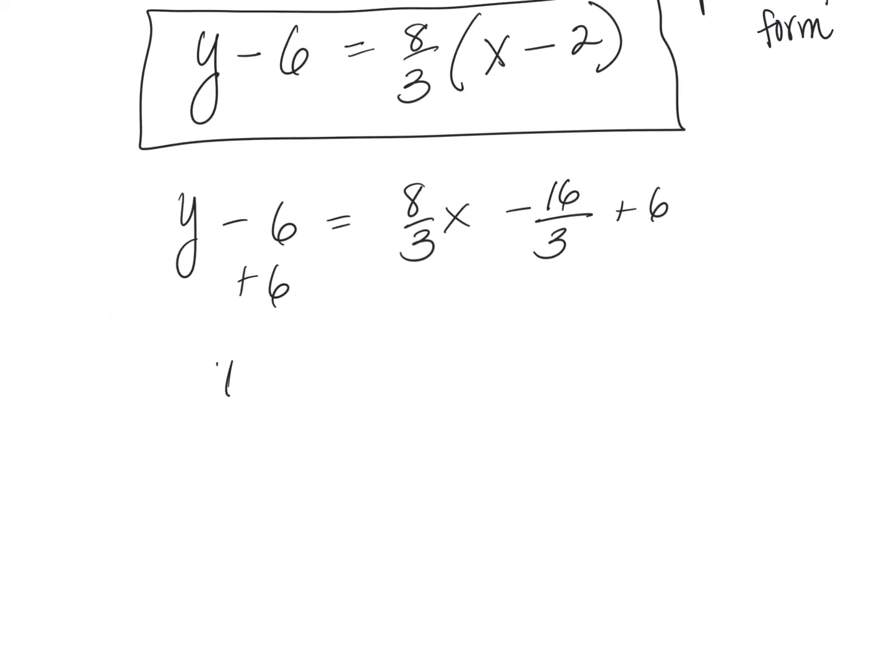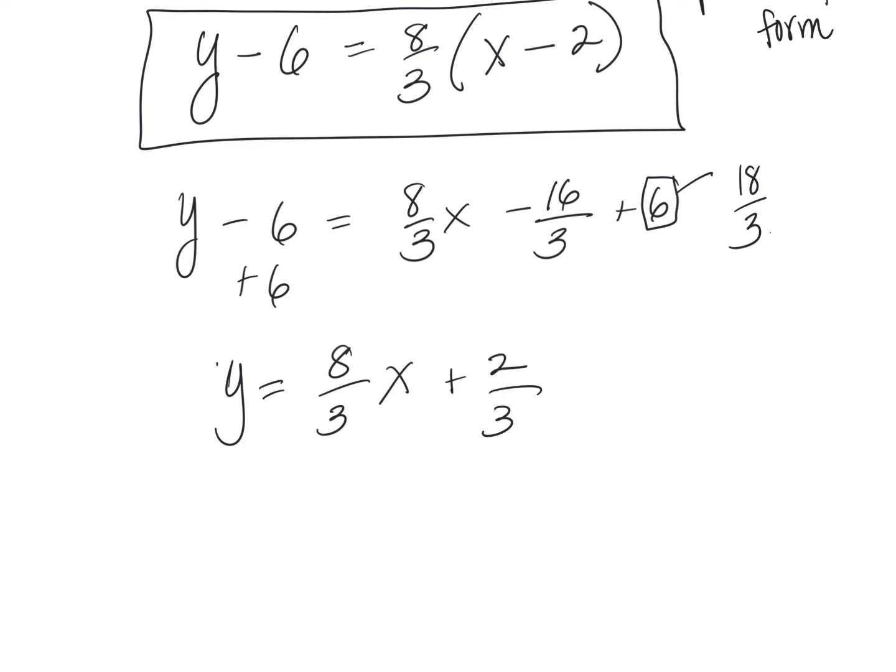So y equals 8/3 x. Now this 6 is also known by its street name 18/3. Same common denominator. -16 plus 18 is 2. So this is plus 2/3. All right. So here's my slope, 8/3. My y-intercept is 2/3, and this is slope-intercept form.